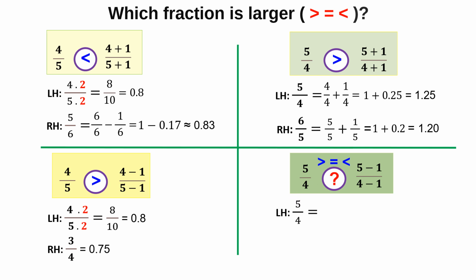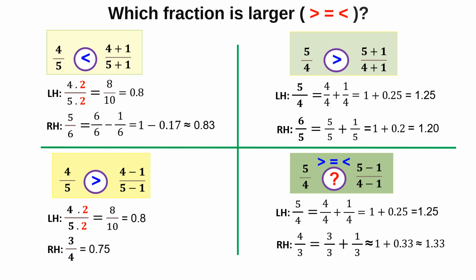We have 5 over 4, which equals 1.25, and on the right-hand side we have 4 over 3, which is almost 1.33. So the value has become larger.